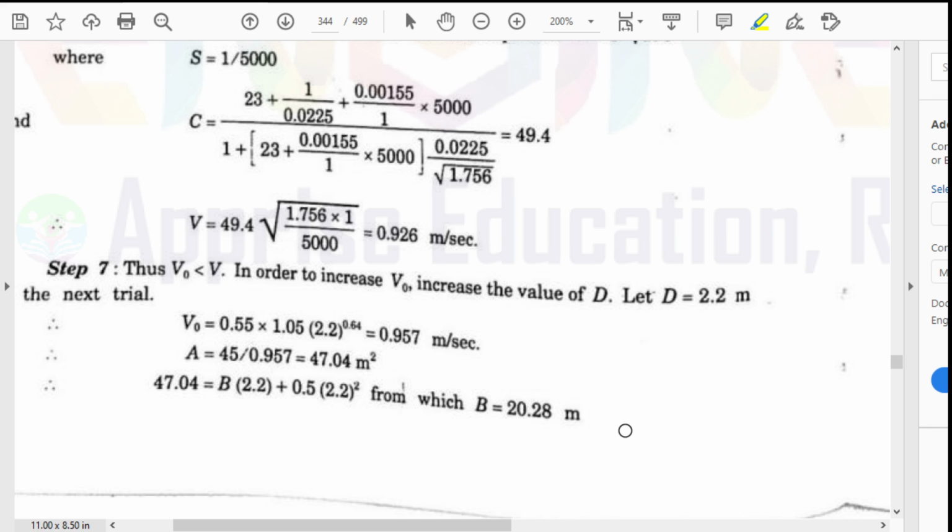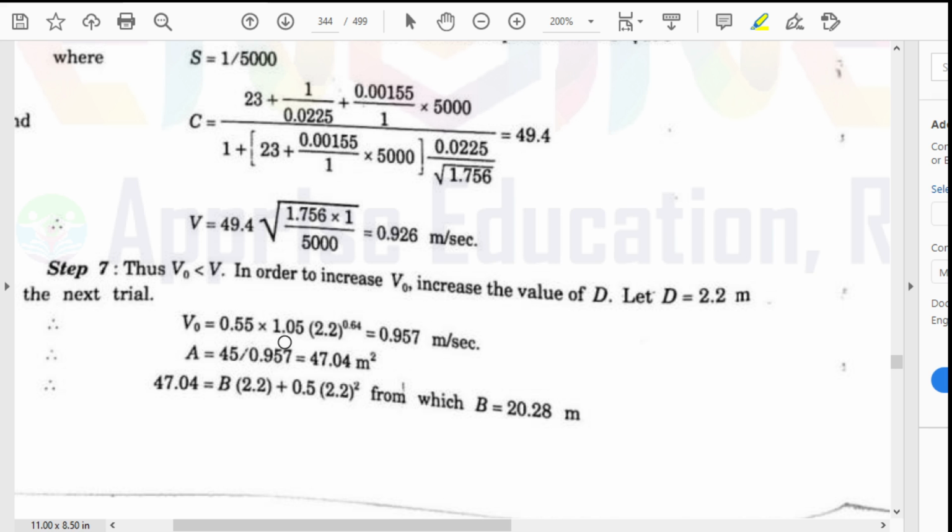The first step we have covered, as we have assumed the depth as 2.2 meters. The second step is we have to calculate the velocity by using Kennedy's equation, that is V naught equals 0.55 m D raised to 0.64.